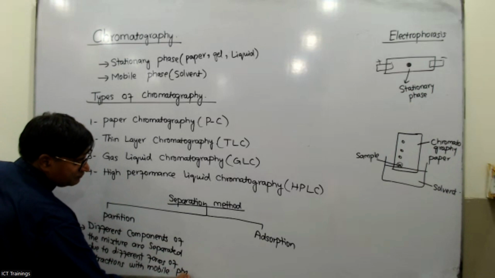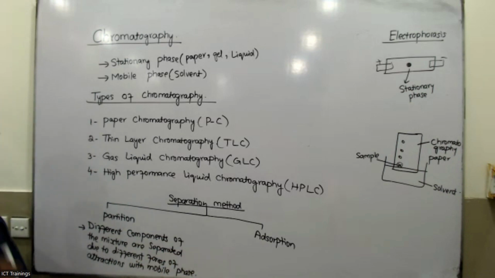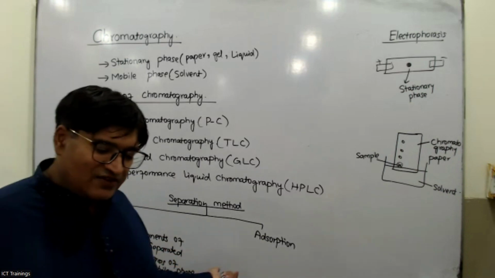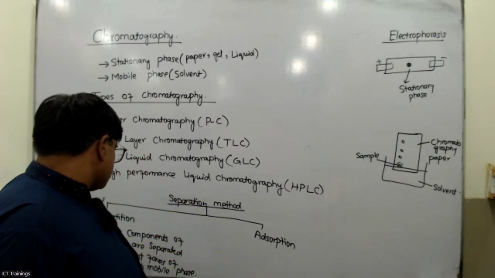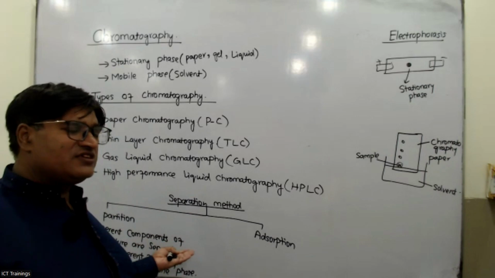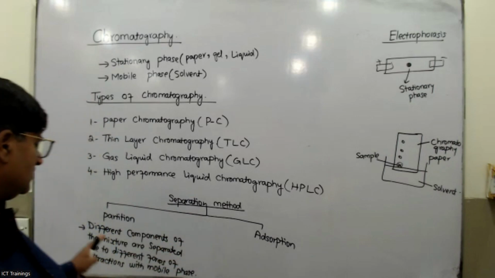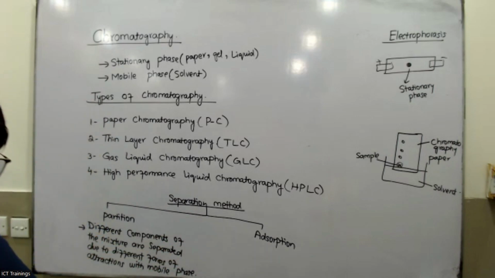So those components of the mixture which have stronger forces of attraction with the mobile phase, वो ज्यादा travel करेंगे. And those components of the mixture which have low forces of attraction with the mobile phase, they will travel less.